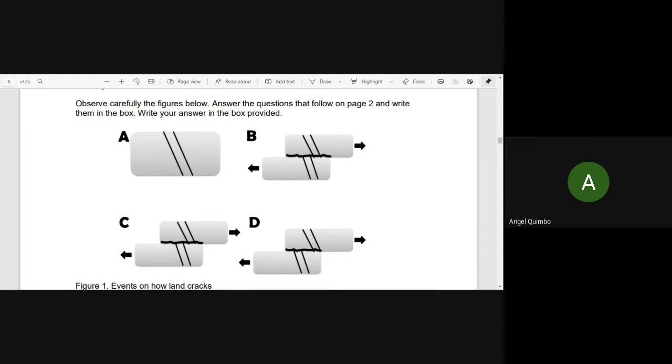Dili na makita ma'am. Tanawa inyong modules. Okay, ma'am.